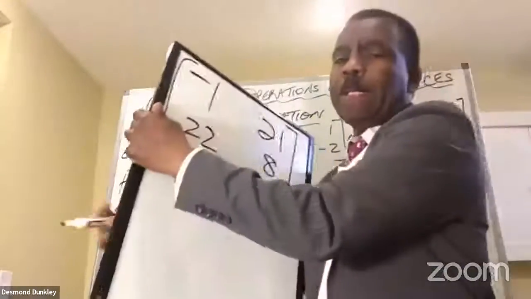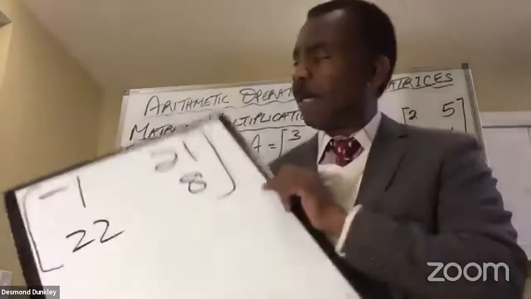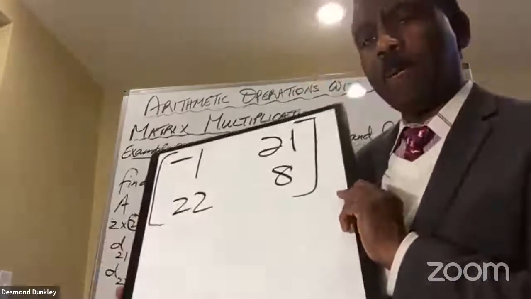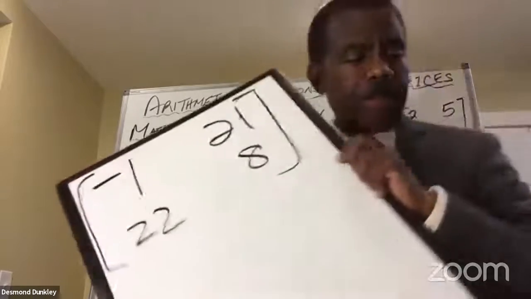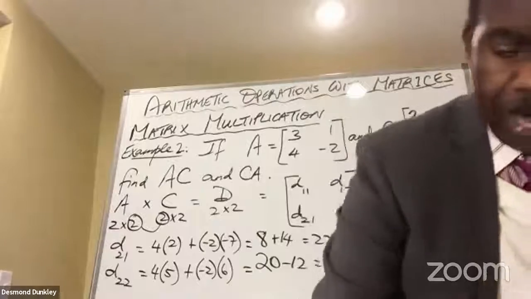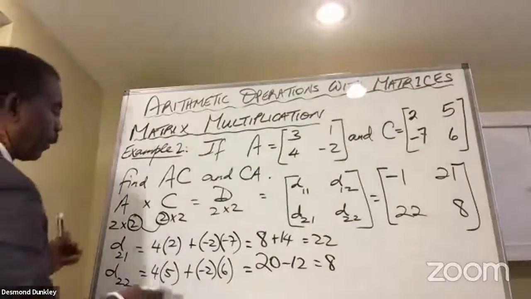So here it is right here. Negative 1, 21, and 22, 8. Okay. So now I'm going to make some space and do this all over.